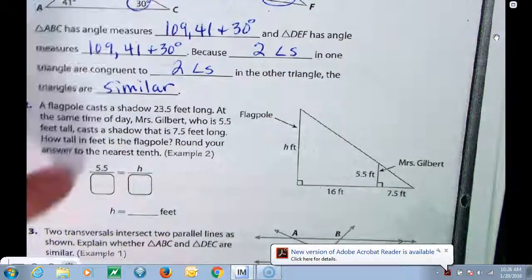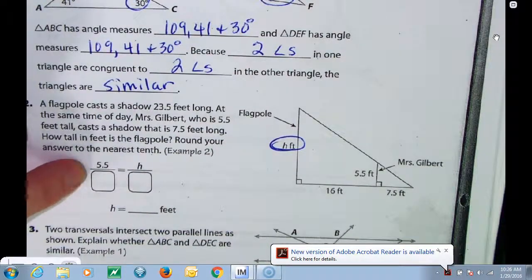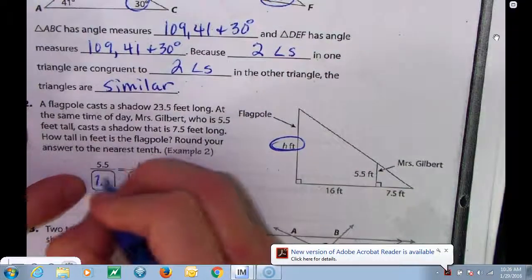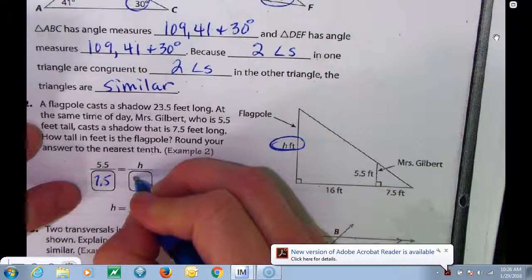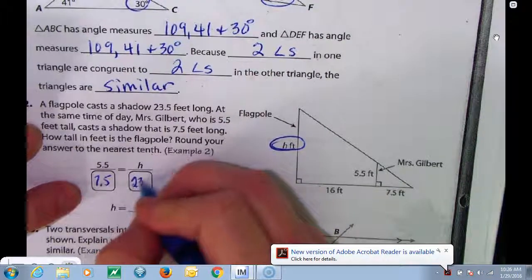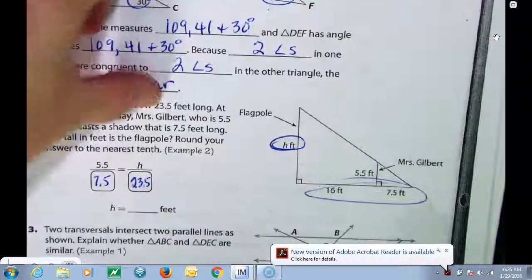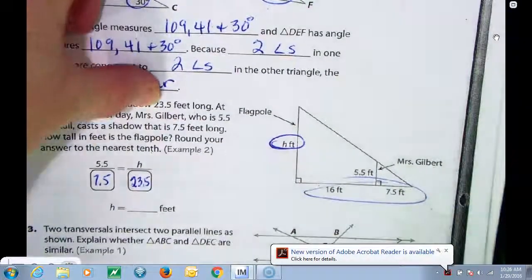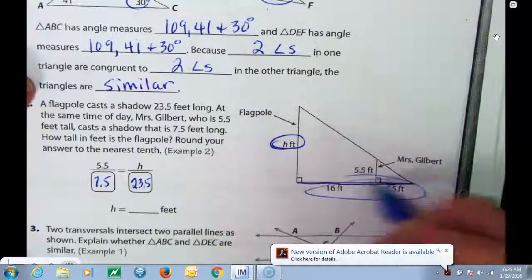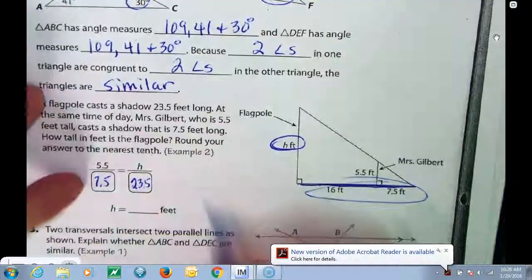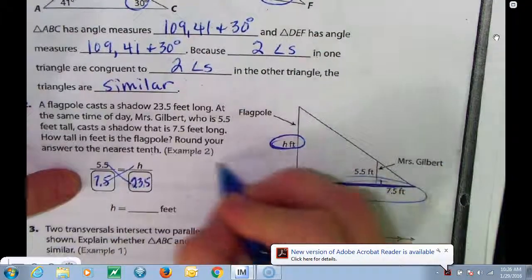So we're trying to find H. What am I going to put? 5.5 over 7.5 equals H over, nope, they tricked you. You've got to add, and they told us right up here. You got to add those. So let's come over here, and we're going to crisscross. What do I write first?